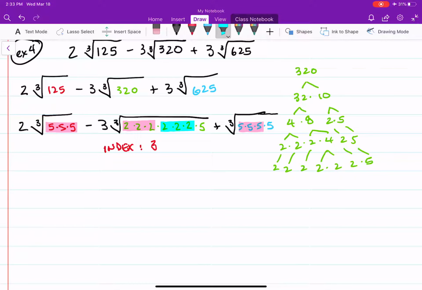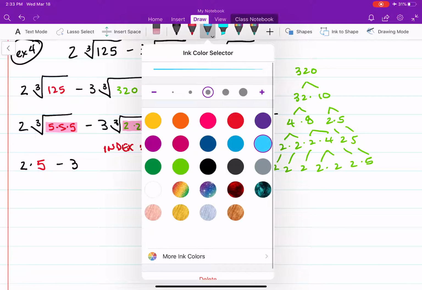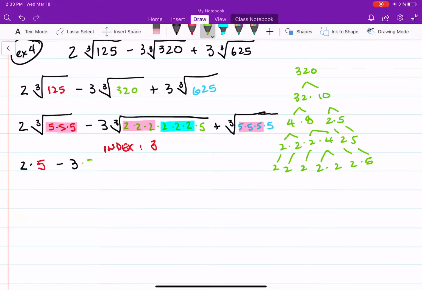Okay? So with that being said, over here I have the 2 still. My 5, I have a group of 5 that comes out. Nobody left inside the house. Minus 3. This is going to be green. So a group of 2 comes out, another group of 2 comes out. And the only one that stays in is going to be the 5 because it's got nobody there.